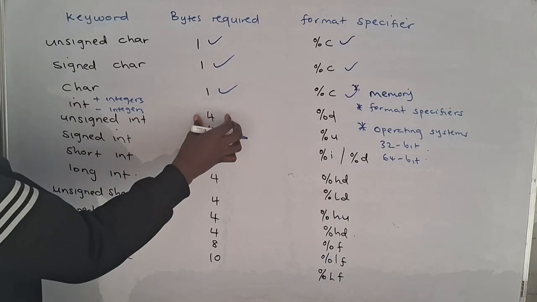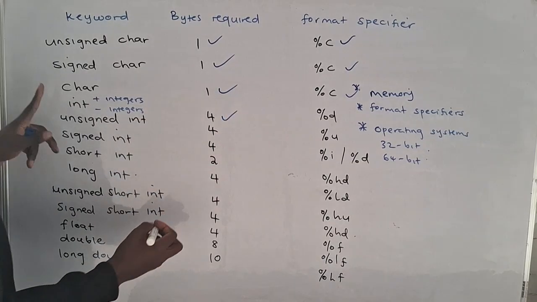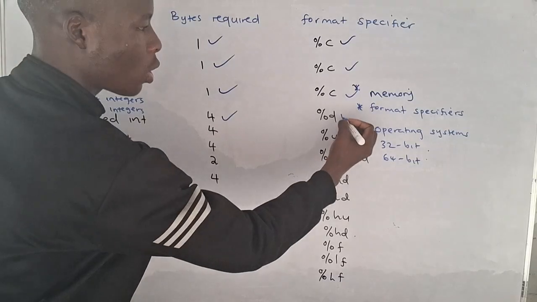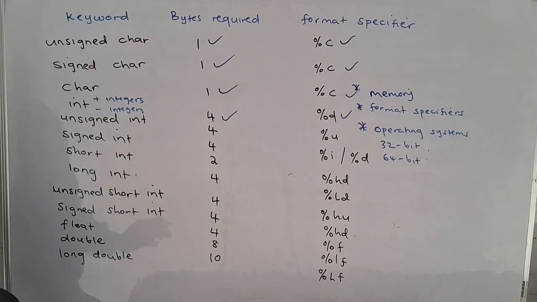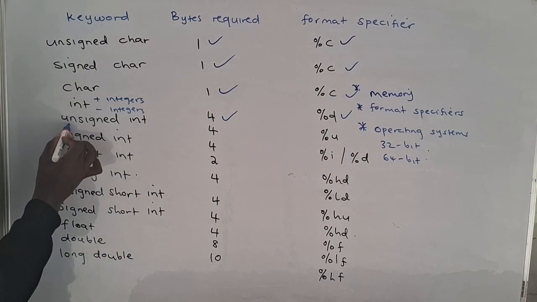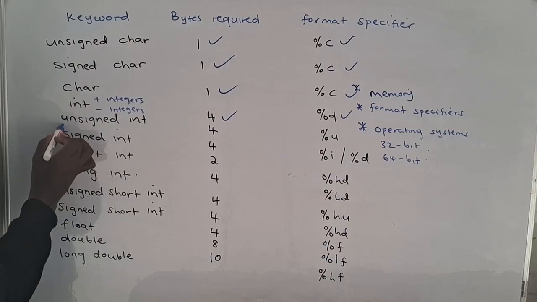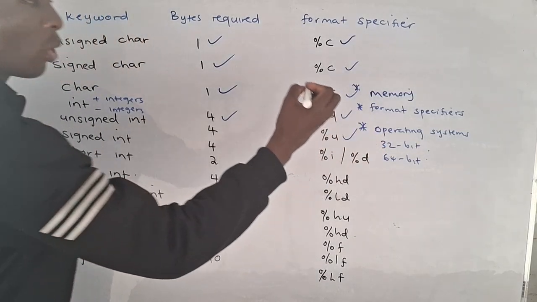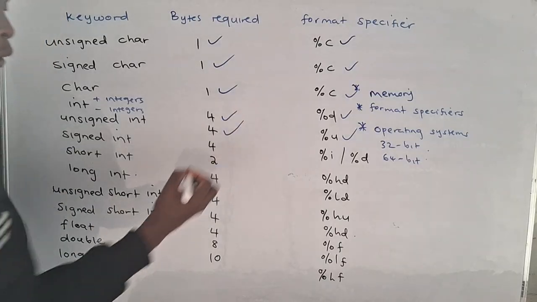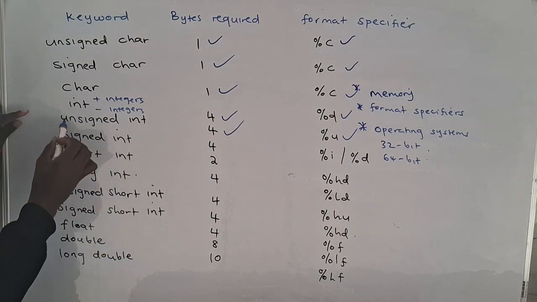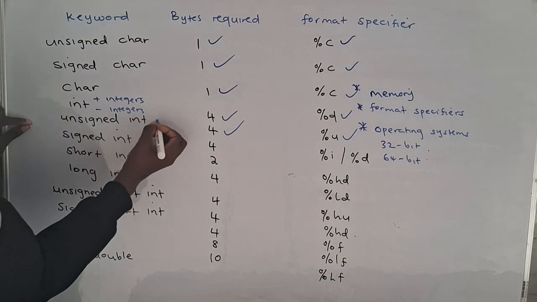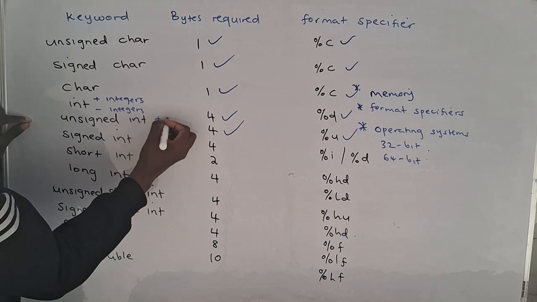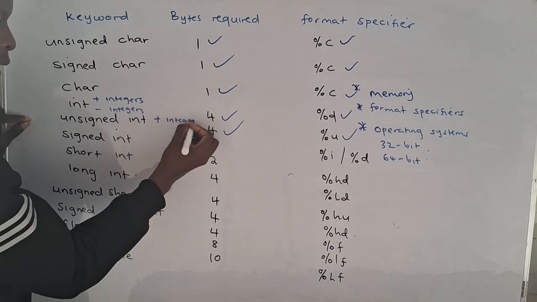This requires 4 bytes, and if you want to print this, you use %d. If you want to print an unsigned integer, you use %u, and this will take 4 bytes. The unsigned integer will only take positive integers.